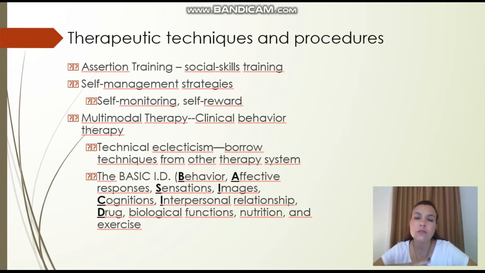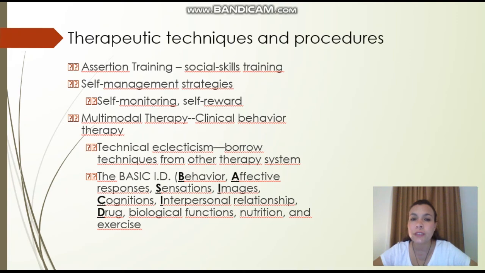These are all the techniques that we utilize in behavior therapy. Actually, this basic idea is important: B refers to behavior, A refers to affective responses, S to sensations, I to images, C to cognitions, I to interpersonal relationships, and D to drugs, biological functions, nutrition, and exercise.